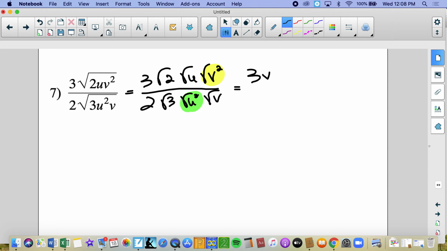And that leaves me with, let's do it underneath, 3 6uv over 2 3u, and we know those 3's will cancel, and that leaves me with 6uv, rad 6uv over 2u, which should be the same answer. Yeah, two really good different ways of looking at it. Important for you to understand the different ways of tackling radicals when they're in fractions.